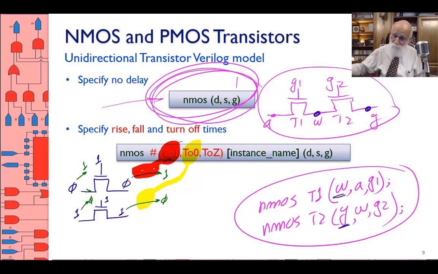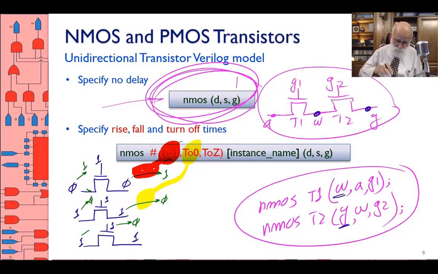I have a third case. My transistor is conducting. Maybe there is a 1 here, maybe there is a 1 here, and it is conducting, therefore this is a 1. My transistor gate changes to 0.